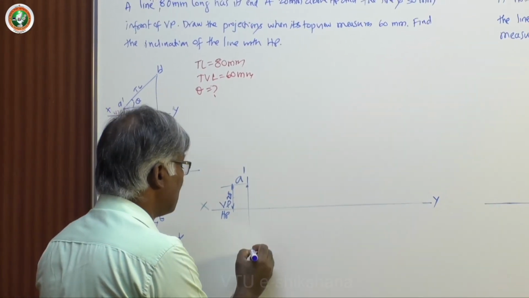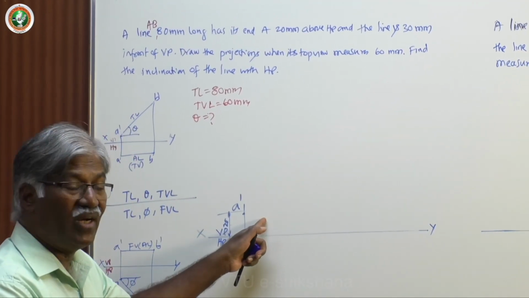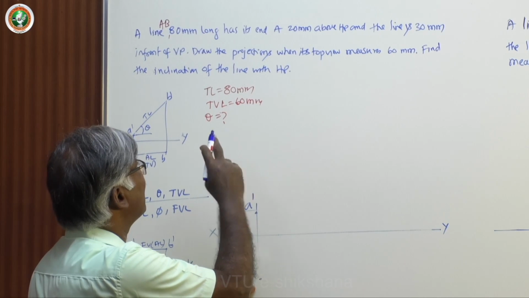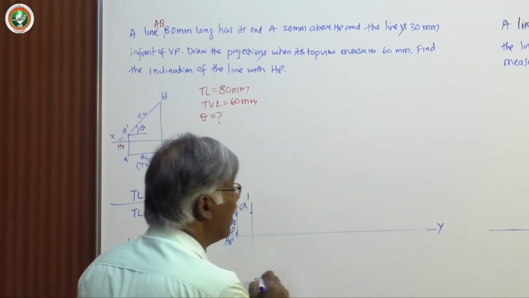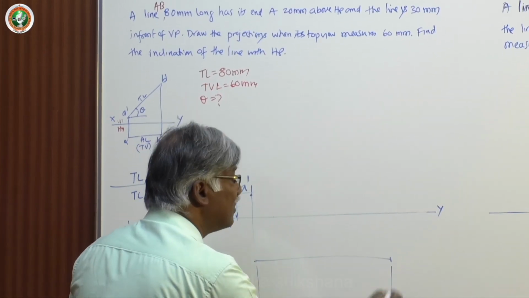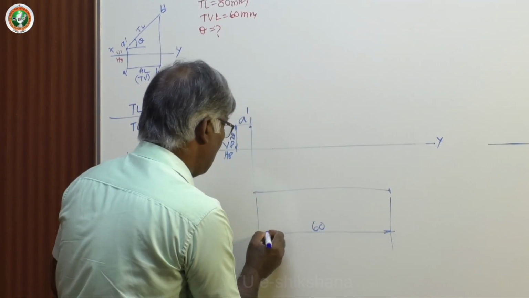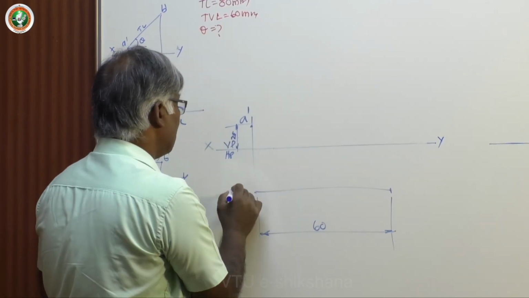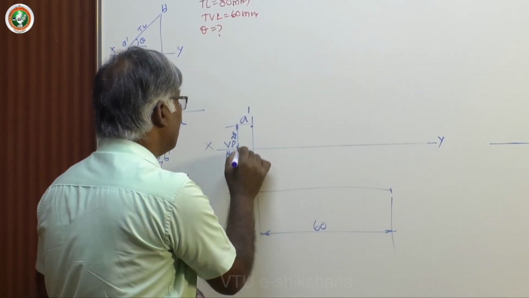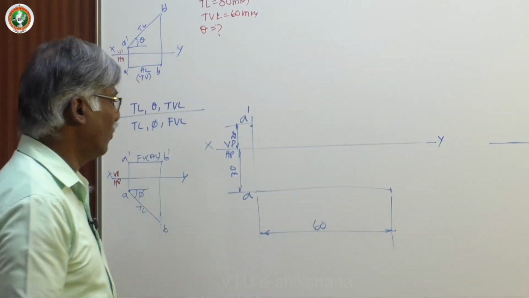So I can fix the top view. Since I know the line is inclined only to HP, the line is parallel to VP, 30 mm in front of it, so you can draw a line of 60 mm. This length is 60 mm. This is A, this is A dash, and this distance is 30.